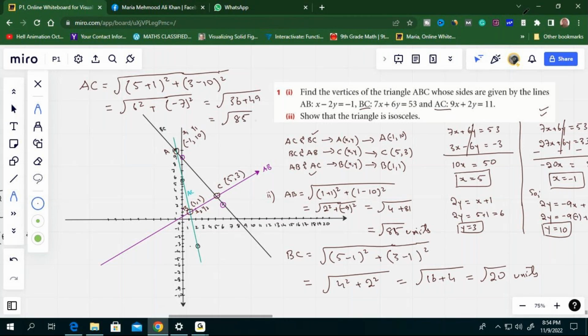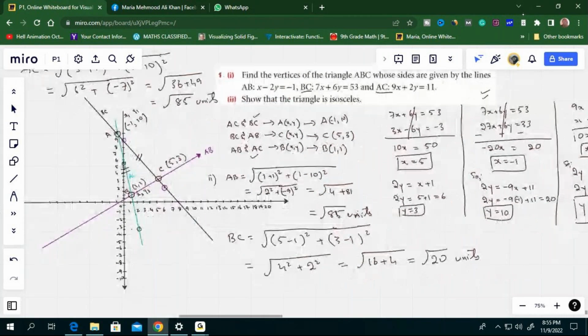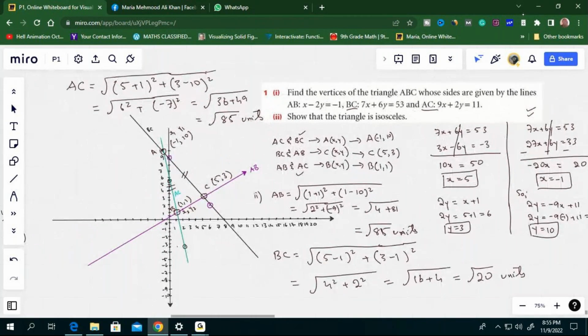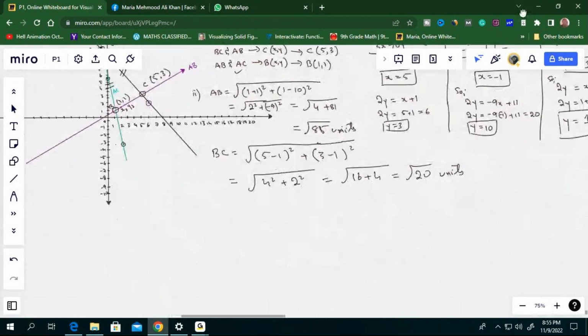So this is giving you root 85 as well. So you see AC and AB have the same length, root 85. These two sides are the same, and the graph is also authenticating the equality of these two lengths. Therefore, as two sides have the same length and one side has a different length, this is an isosceles triangle.